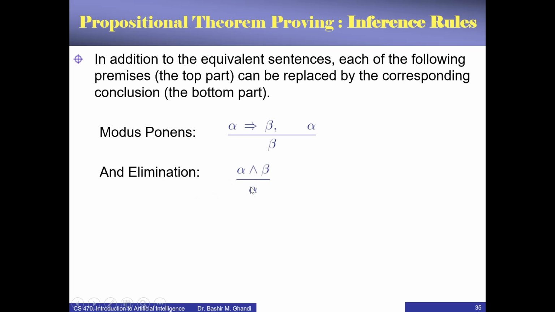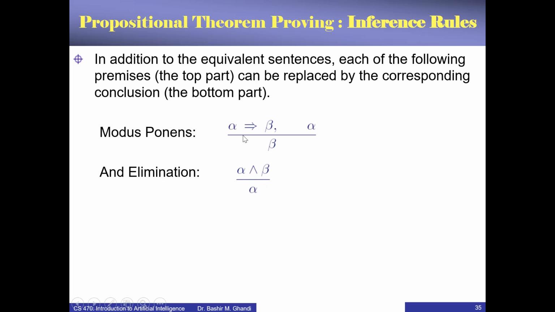This can also be beta, so alpha and beta can be just beta. Basically, this premise will give rise to the one below, which is called the conclusion. So it can help us to conclude that alpha is true.